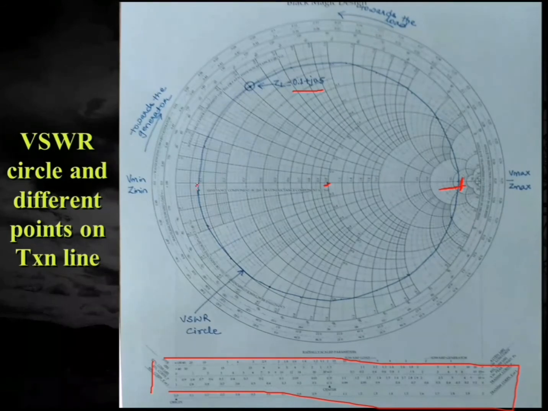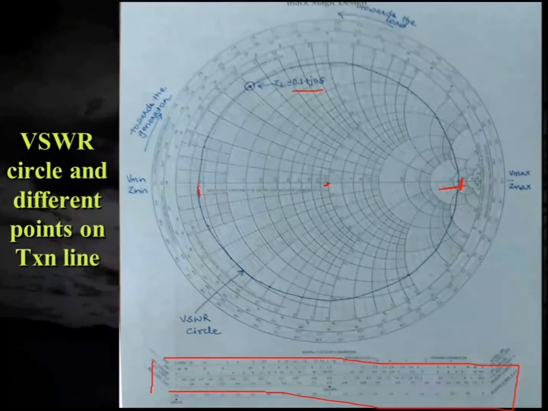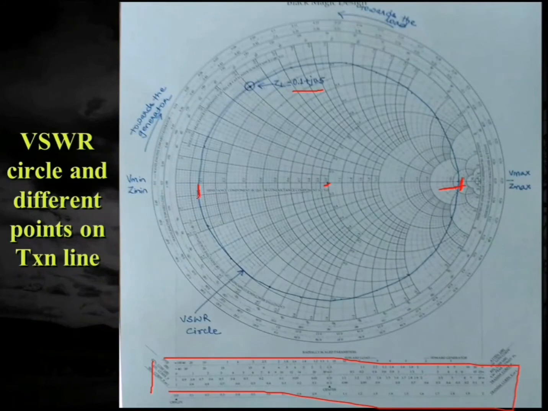And if I extend the point on the left hand side where it is cutting the VSWR circle to the scale below, then also I can find a VSWR scale, and I can get the value of VSWR somewhere over here, which is around, I think, 12.